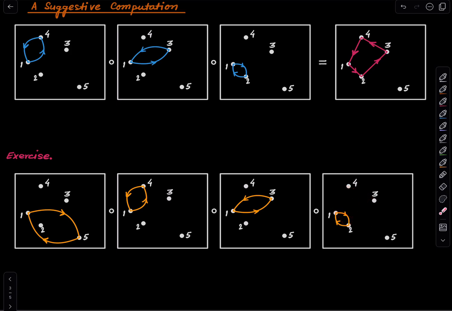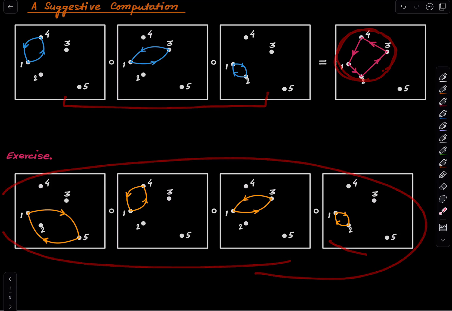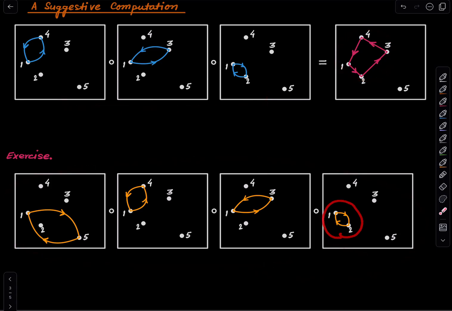All right, so if you just play around with this, it already suggests a theorem, if you like. Here what happens, you can write this 4-cycle as the composite of 3 transpositions. You can write a 5-cycle, whatever is the result of it is going to be a 5-cycle, which we see can be written as the composite of 4 different transpositions. And any k-cycle can be written as the composite of k-1 transpositions.